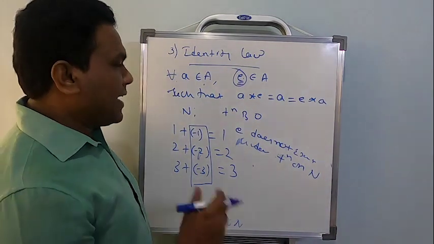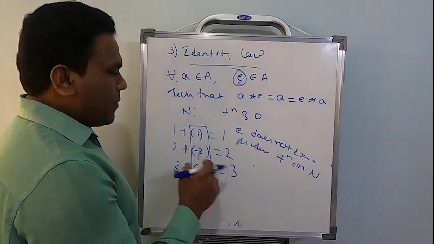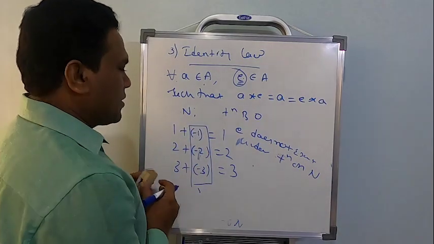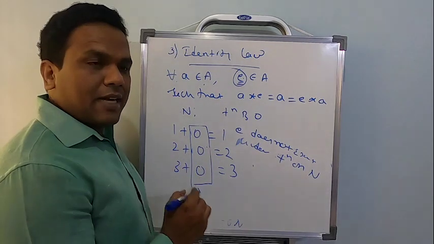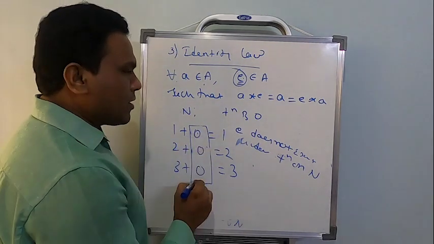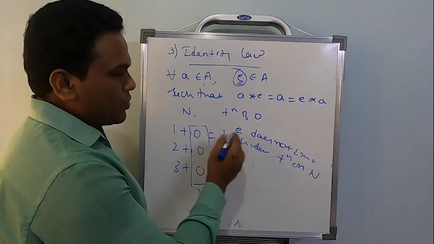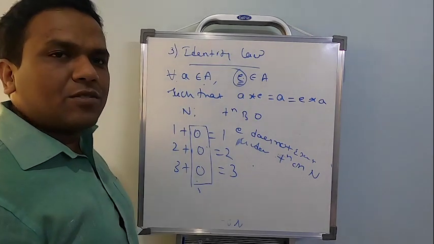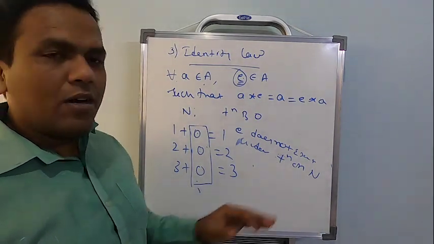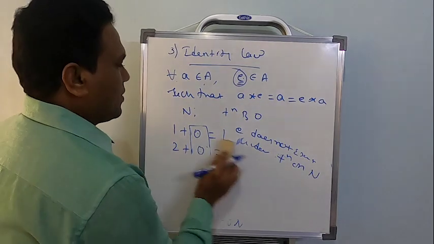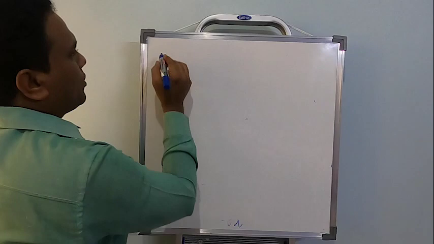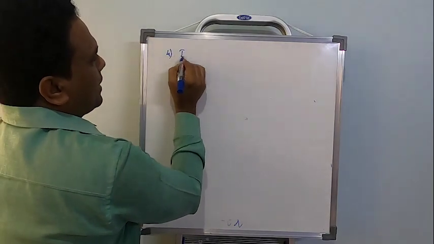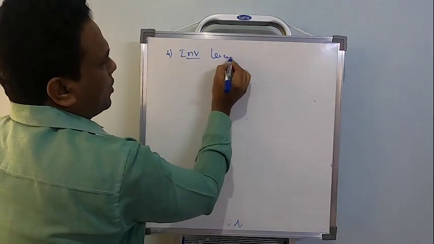Okay, so when I take addition, this is what I should be able to fill up. Sorry, not this, sorry for this. This has to be 0, right? This has to be 0, but 0 is not a natural number, correct? So because of that, the identity element does not exist under addition for natural numbers. I hope the property is clear. Okay, now the fourth one, we call it inverse law.